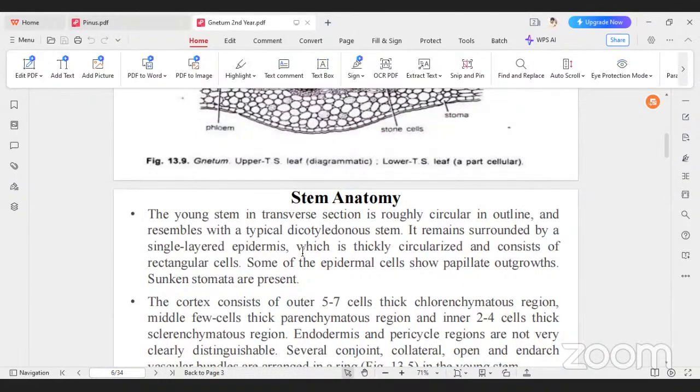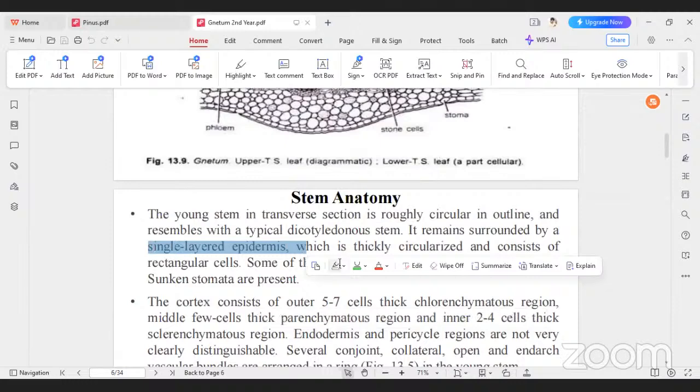If you take any internal structure, whether it is important or not, remember that three parts are there: outline, epidermis, cortex and stele. The epidermis is always single layered.